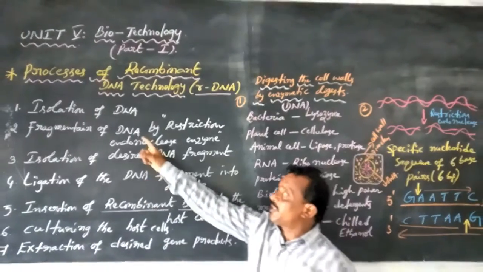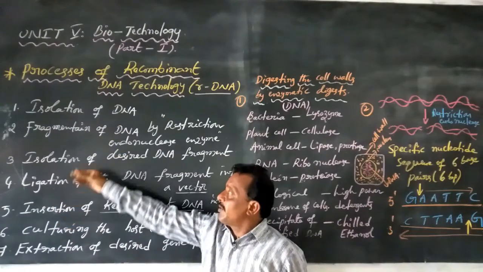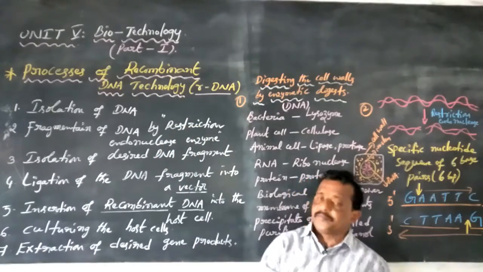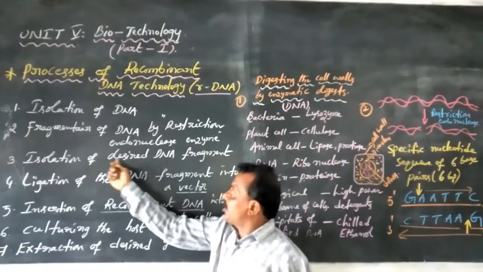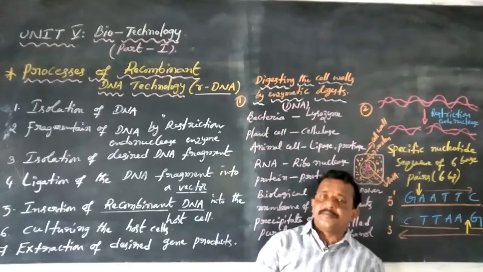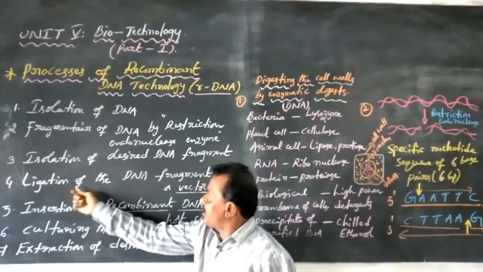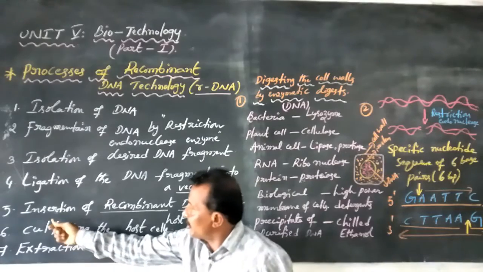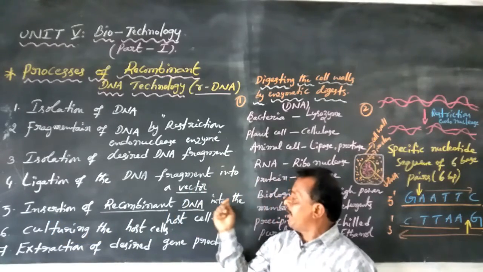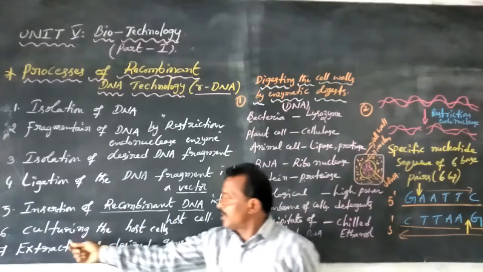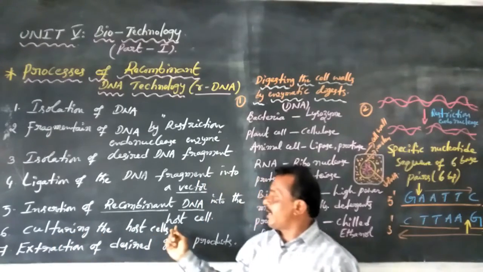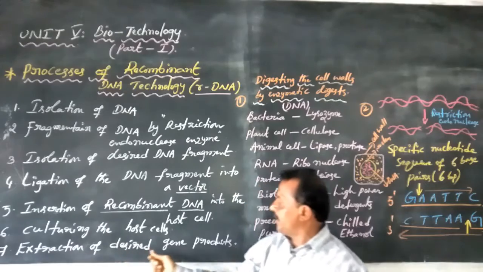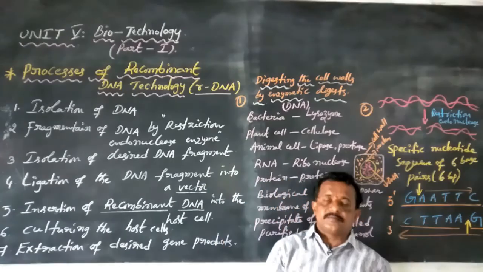The first step is isolation of DNA; second, fragmentation of DNA by restriction endonuclease enzyme; third, isolation of the desired DNA fragment; fourth, ligation of the DNA fragment into a suitable vector; fifth, insertion of recombinant DNA into the host cell; sixth, culturing the host cells; and the seventh and last step, extraction of the desired gene products.